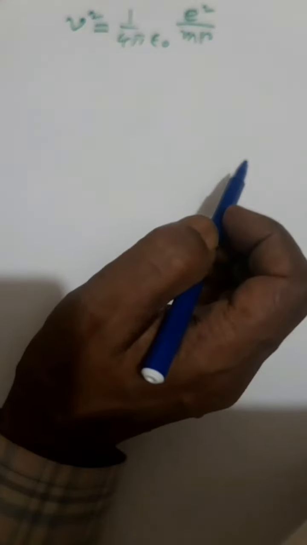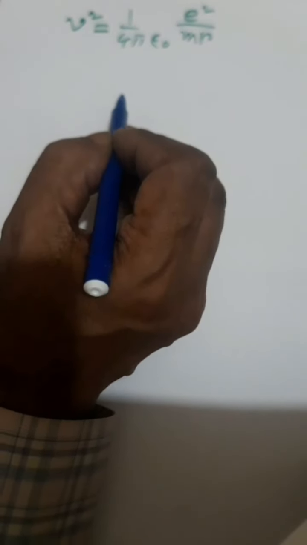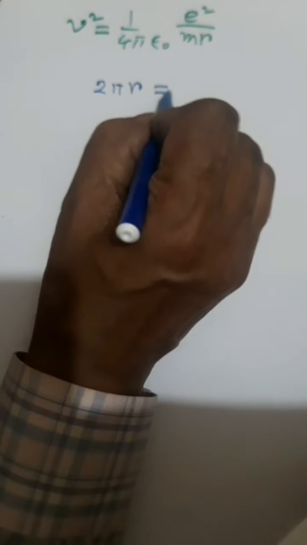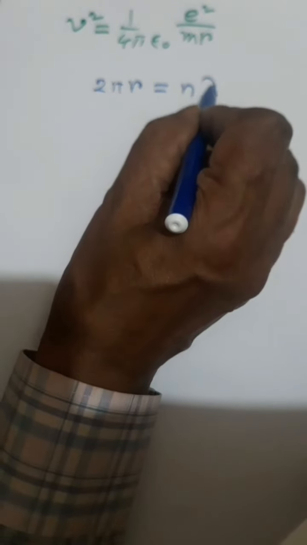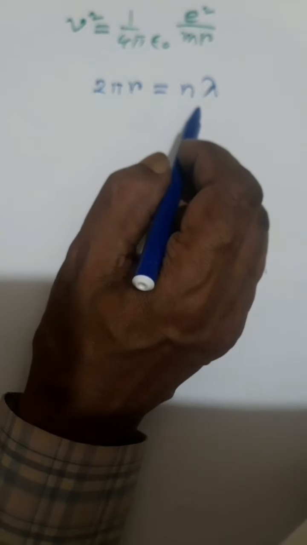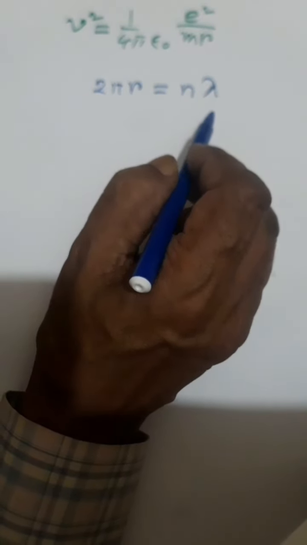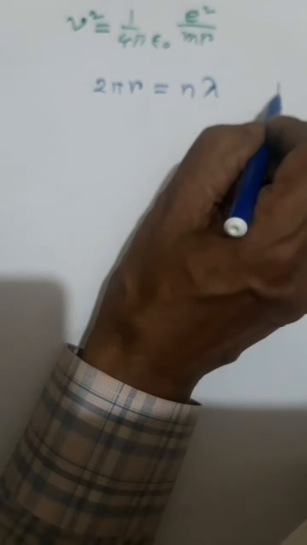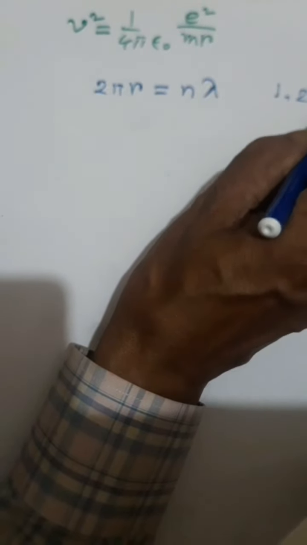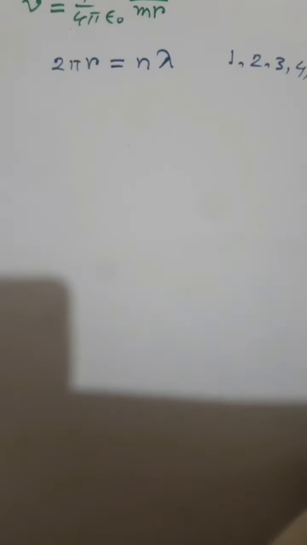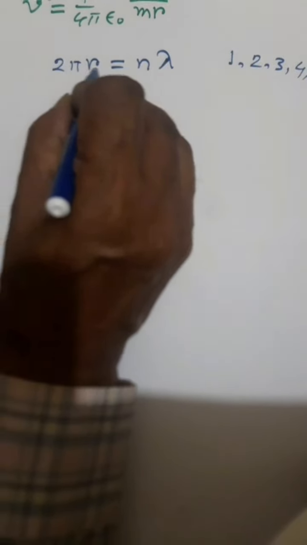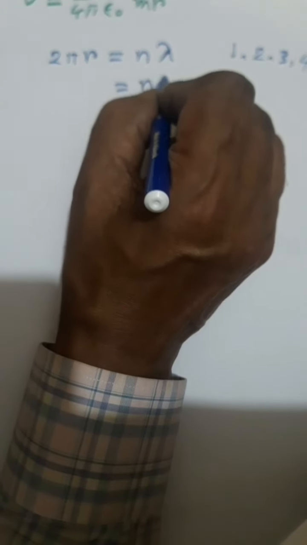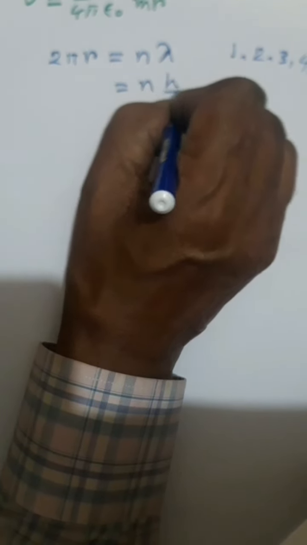According to Bohr's theory, the length of the orbit, 2 pi r, equal to n lambda. Lambda is the wavelength of matter wave of the electron. n is an integer 1, 2, 3, etc. Or 2 pi r equal to n lambda, where lambda equal to h by p.